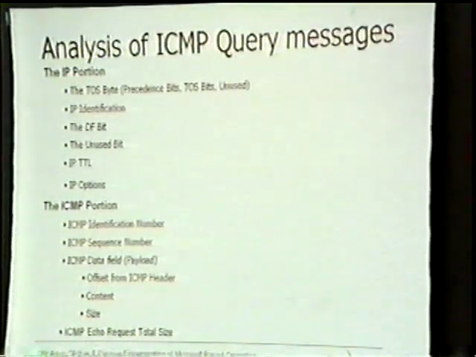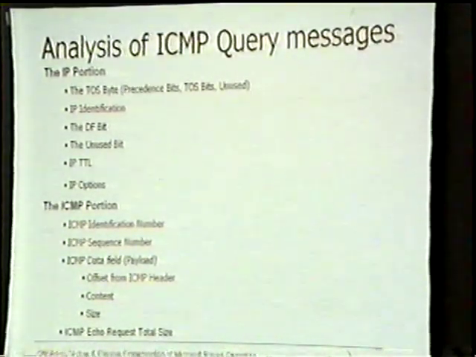Now, only if someone will set the type of service byte, then it will help us. Only if someone will set the DF bit with its request, then we can say, okay, there is a certain group, AIX and HPUX. If someone will use the unused bit, we'll know that this one is crafted. IP TTL will be much of a help here, and IP options will be the same.